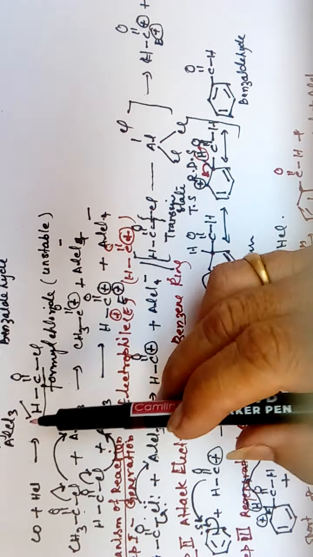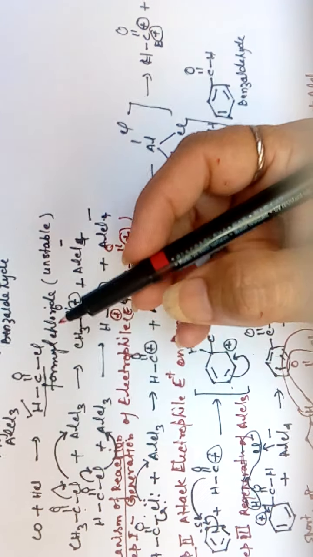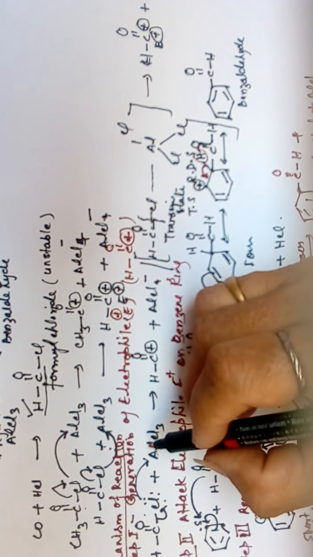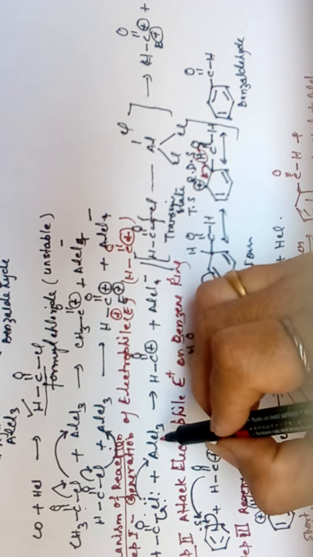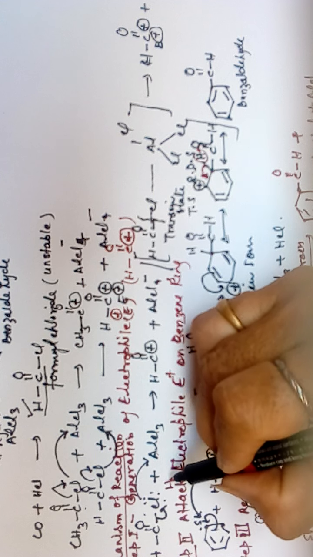So guys, what will happen here in this reaction? Why do we take anhydrous AlCl3? We take anhydrous AlCl3 because if we take hydrous AlCl3, that means AlCl3 with water, then what will happen?